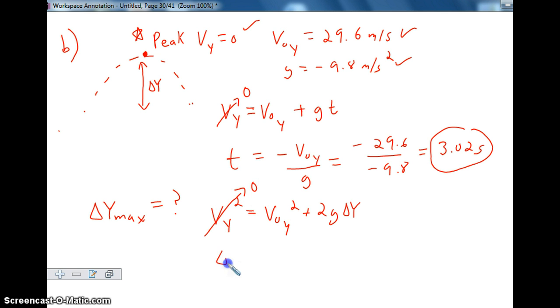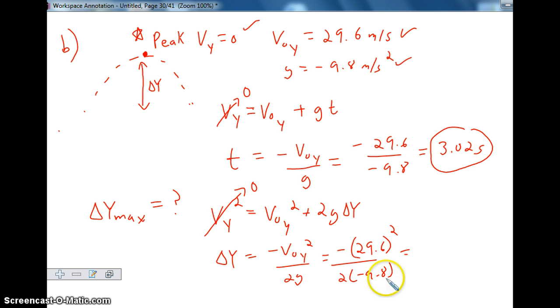Solving for that will yield this equation. And popping in our numbers will be negative 29.6 squared over 2 times negative 9.8. And therefore the peak looks like it will reach 44.7 meters.